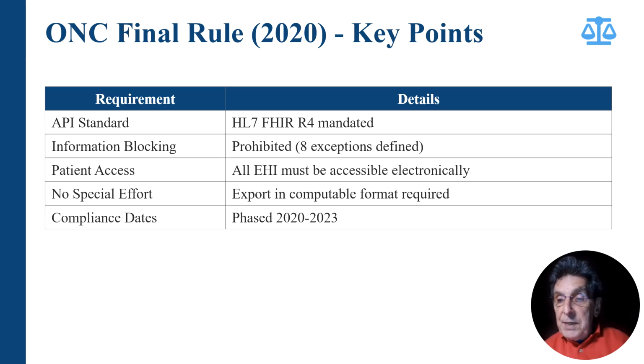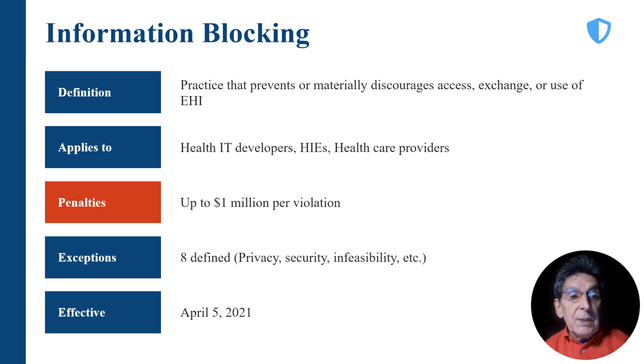And finally, compliance dates. Compliance dates were phased between 2020 and 2023, with most requirements now active in place. So, this regulation is why FHIR matters so much in the U.S. context. It's not just a good idea, it's required by law for certified health information technology.